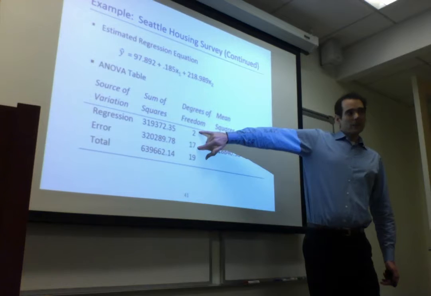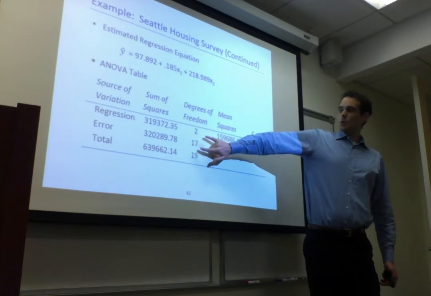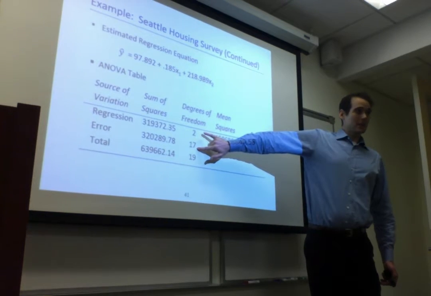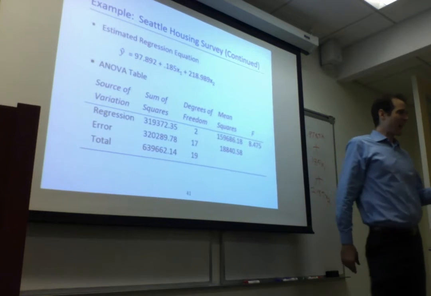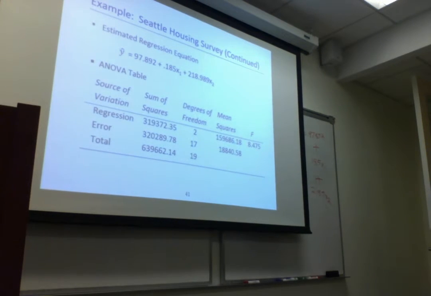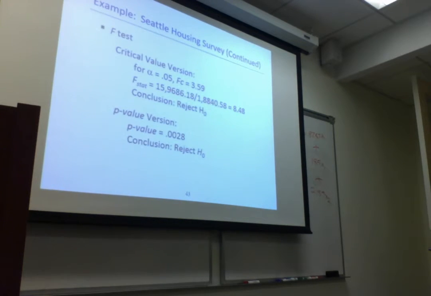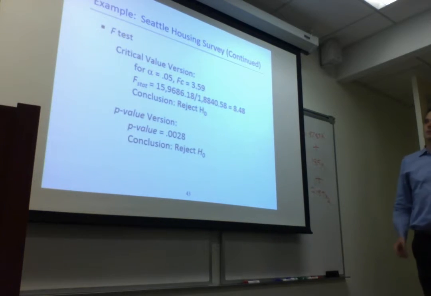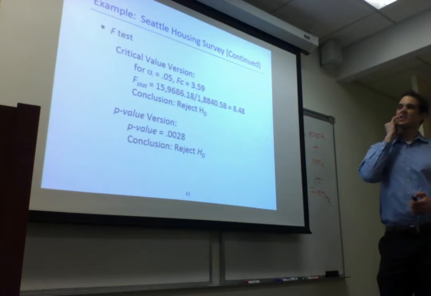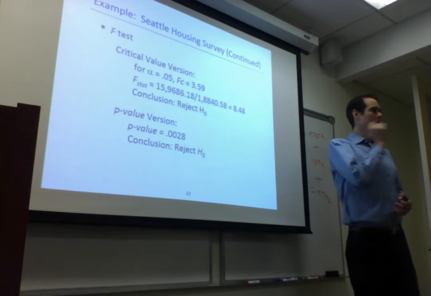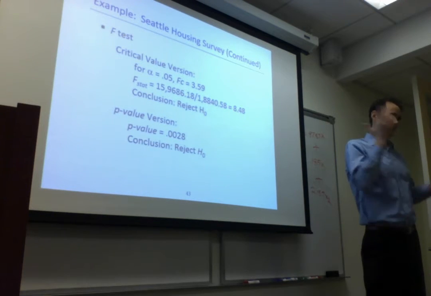So we're looking in the F distribution, degrees of freedom numerator 2, degrees of freedom denominator 17, and we're looking at the 5% one, which would mean 2.5% in either tail. What are we talking about? 159.